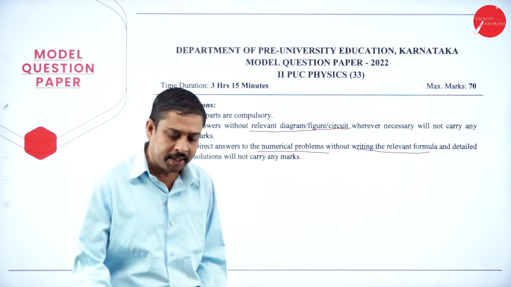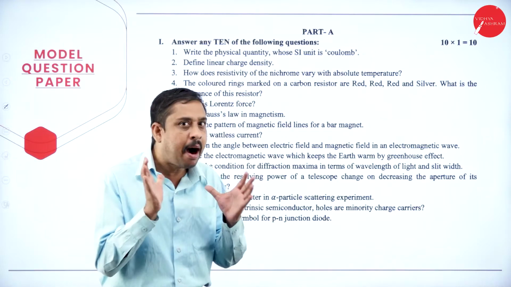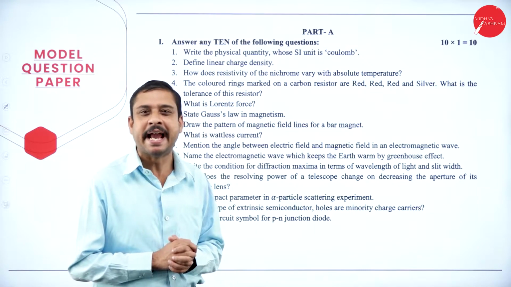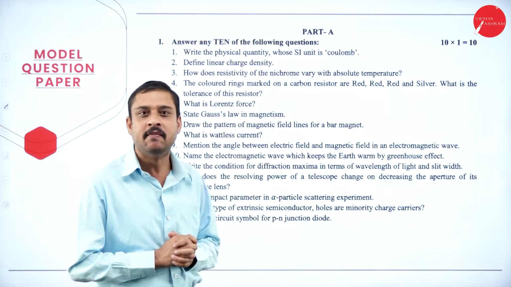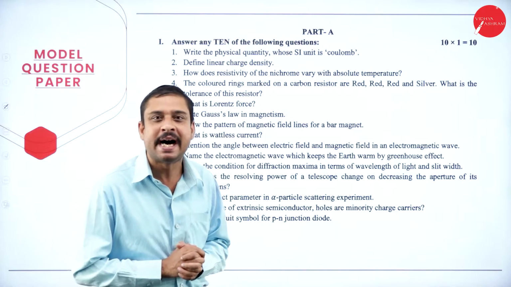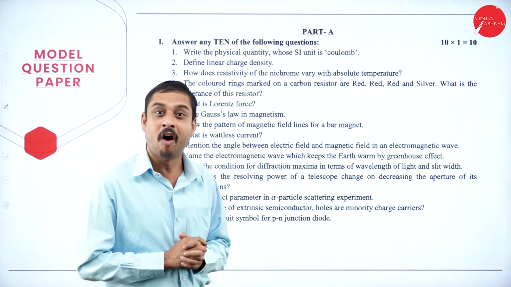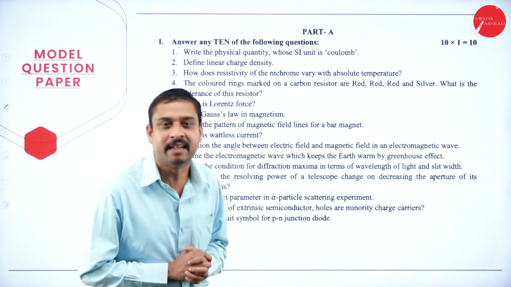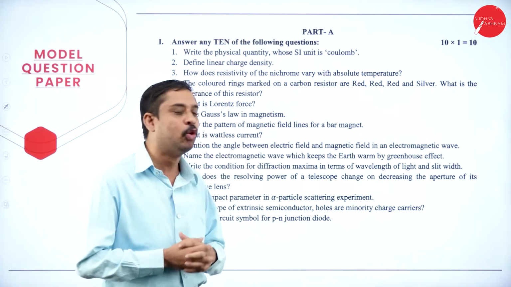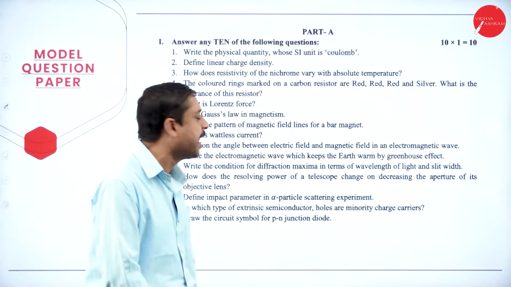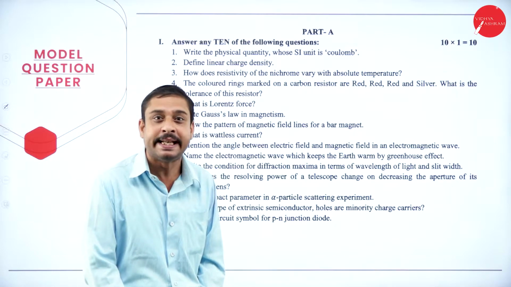Now, going to the question paper, part A, again, the criterion for success, where you can score a centum or a 99, as I always say, is defined through this part A. So, we have to be clinical.